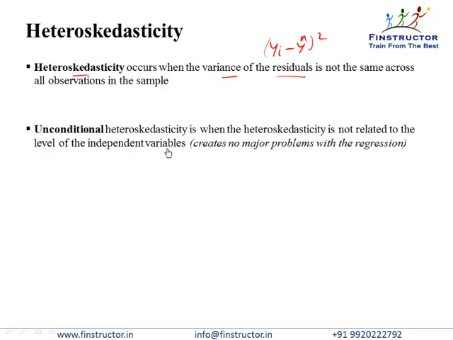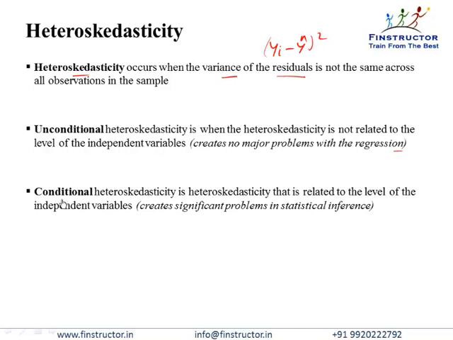So the variance is not dependent on the independent variables. This kind of heteroskedasticity creates no major problems with the regression coefficients and with the regression analysis. The more problematic aspect is that of conditional heteroskedasticity, which is the heteroskedasticity that is related to the level of the independent variables. If conditional heteroskedasticity is present, it may create significant problems in the inferences and the hypothesis testing that we do for our coefficients.